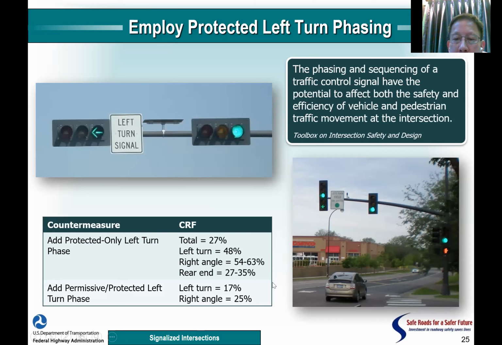But if there is a vehicle waiting in the queue for the left turn signal, this sensor will automatically turn the left turn arrow green, so that they can make a left turn safely.